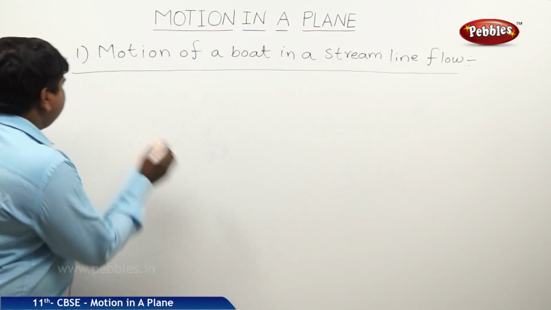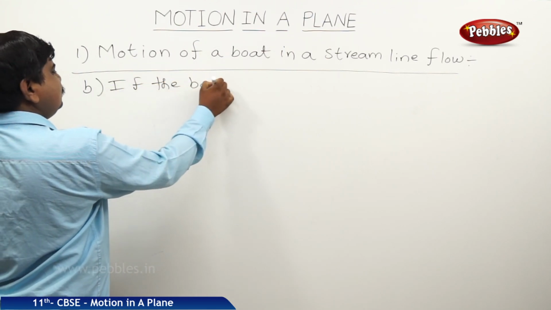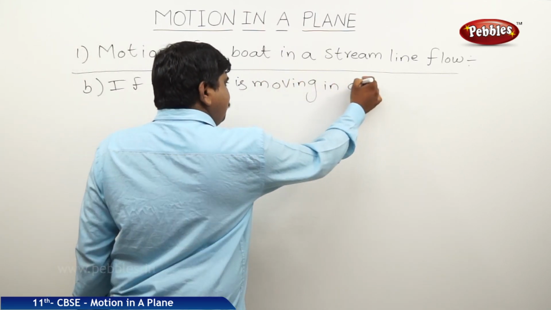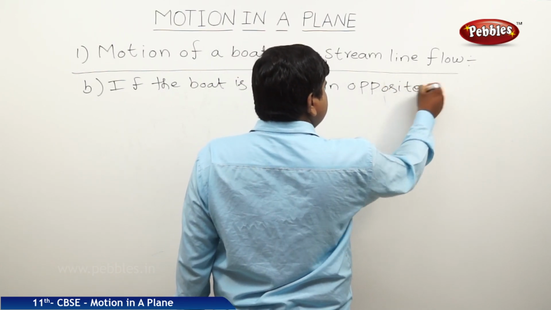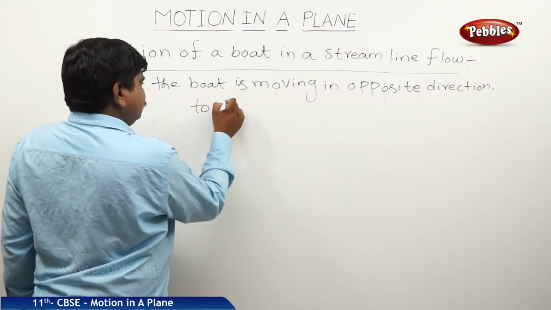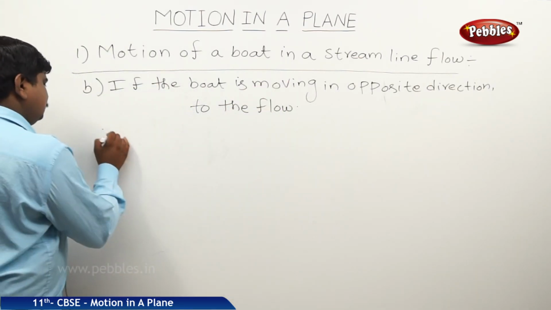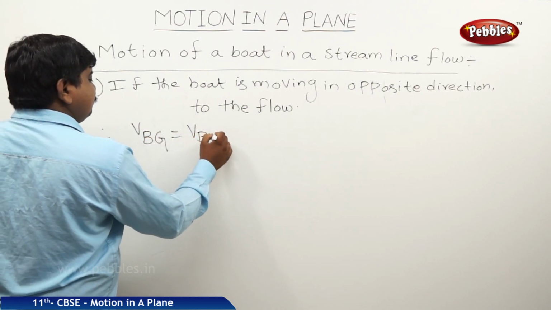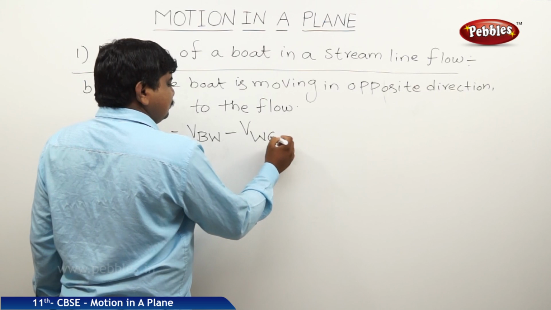So the second situation is, if the boat is moving in opposite direction to the flow, then velocity of boat relative to ground is equal to velocity of boat relative to water minus velocity of water relative to ground.